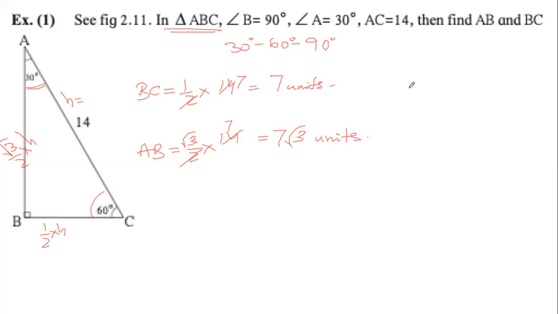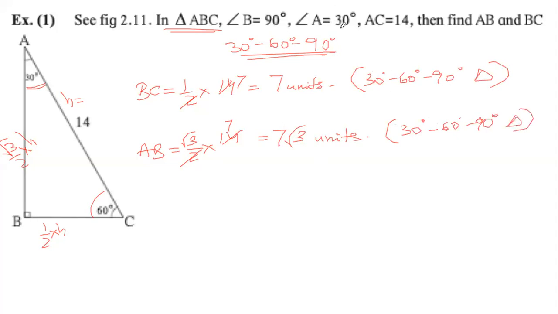This is just the calculation part. We also have to write the reason, so we will write in brackets 30, 60, 90 triangle. Need to write this. Now our answer is complete. This much is enough.